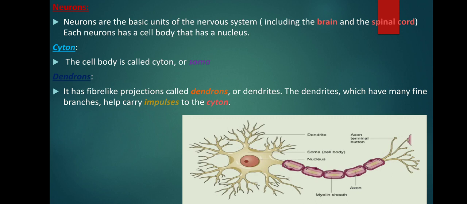This long cell is one of the neurons, or nerve cells, of your body. Neurons carry electrical messages from one part of your body to another. These messages contain information about what's happening and help you respond in the right way.